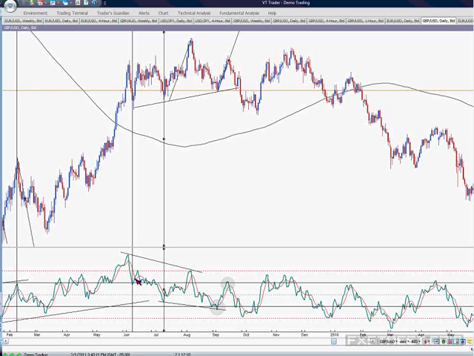It doesn't have to, but eventually you may come back down and make this lower RSI low while your price low is a bit higher. So you know that you would probably have another swing as such.